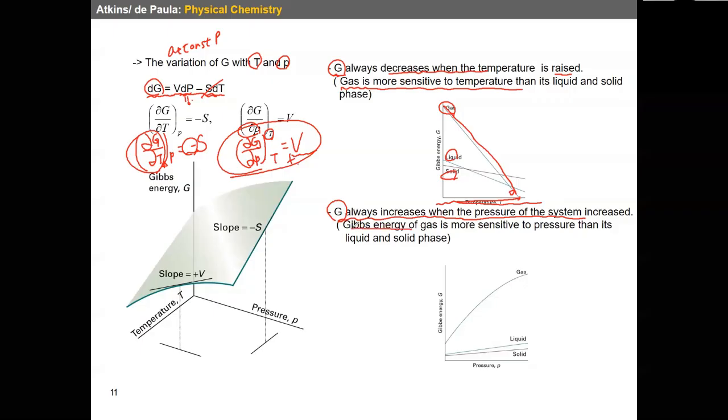Also, the Gibbs energy of a gas is more sensitive to pressure than that of a liquid or solid phase. This is quite common and understandable, because we can simply say that a gas has more freedom compared to a liquid or a solid.